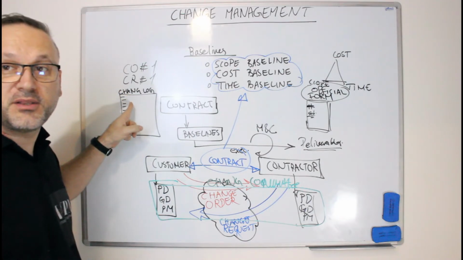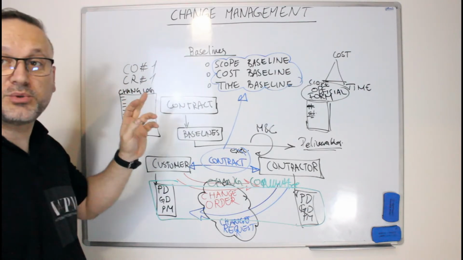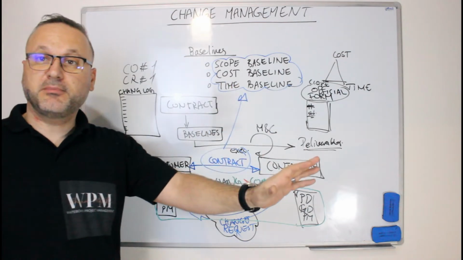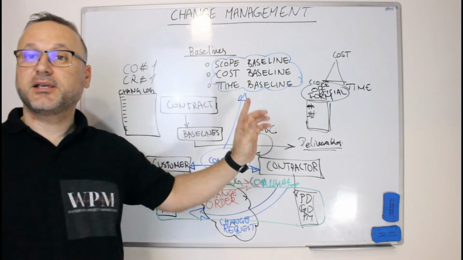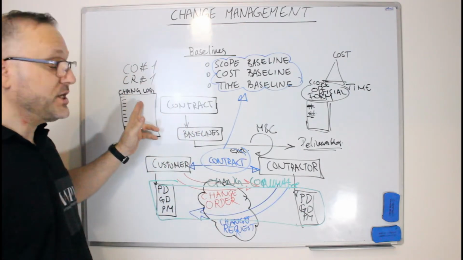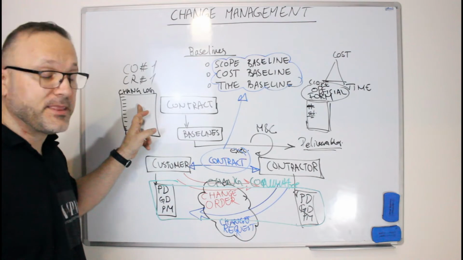So you mention that this change order is issued from the customer, the subject is ABC, and the status, as of today, is, let's say, rejected. So rejected or approved, all should be registered in the change log.